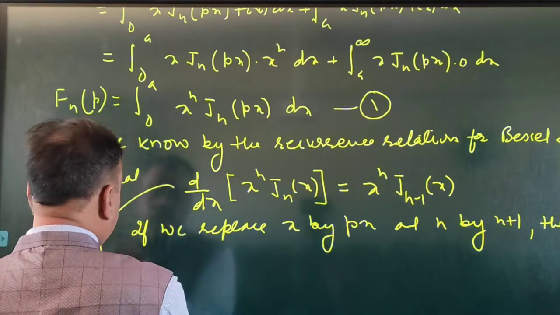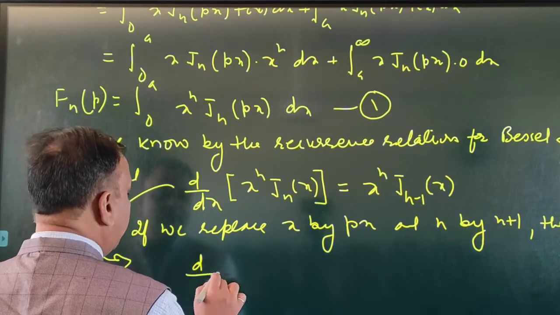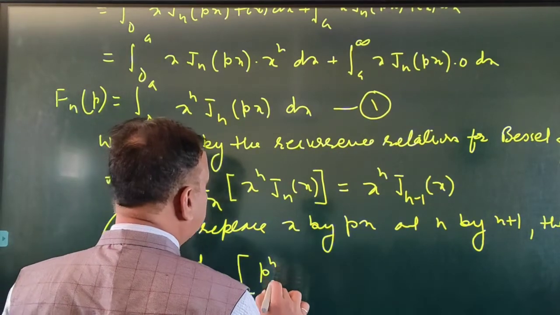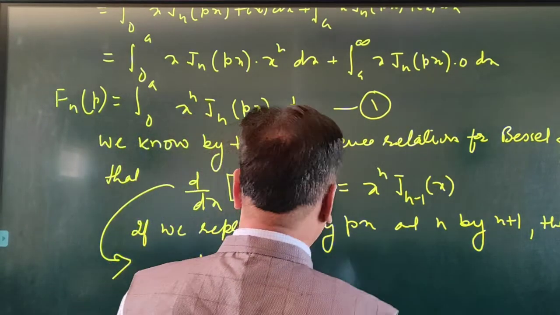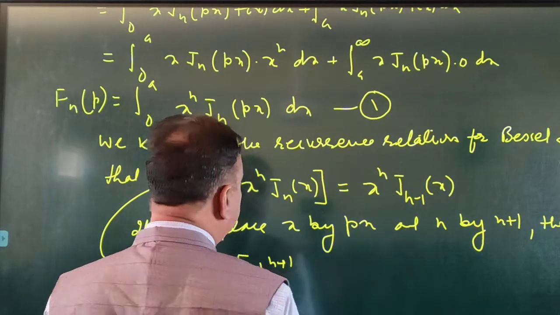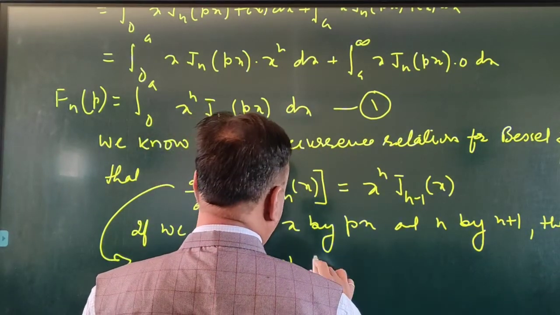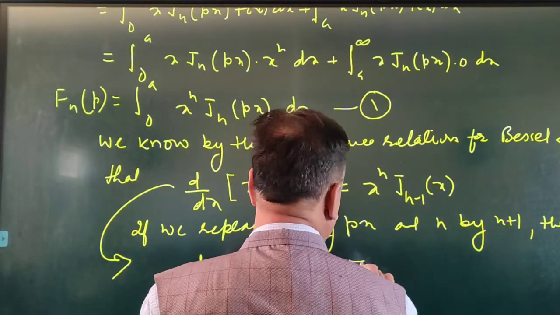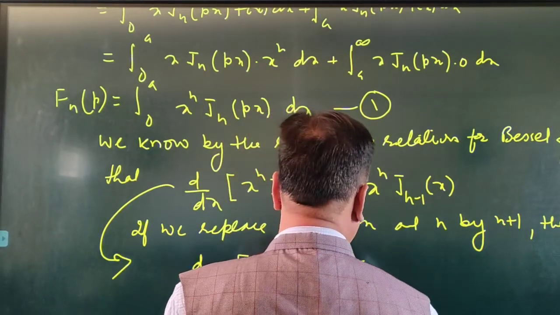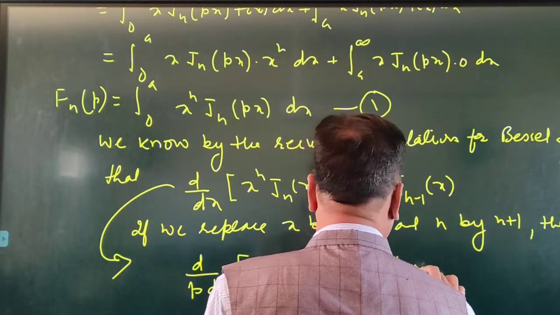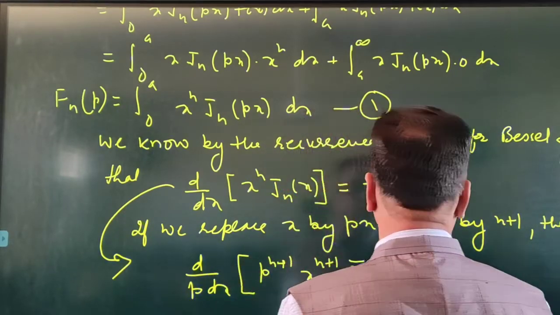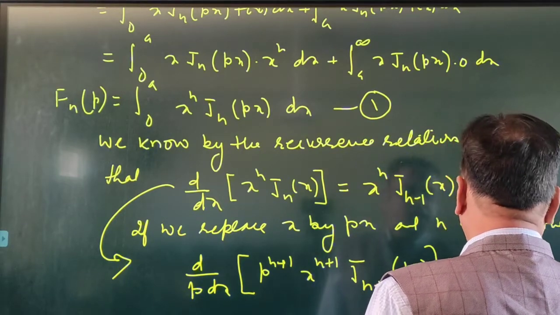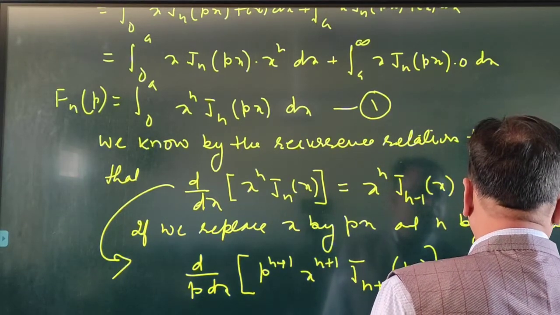So this recurrence relation is 1 upon p, d by dx of p raised to n plus 1, x raised to n plus 1, J_(n plus 1)(px), which is equal to p raised to n plus 1, x raised to n plus 1, J_n(px).